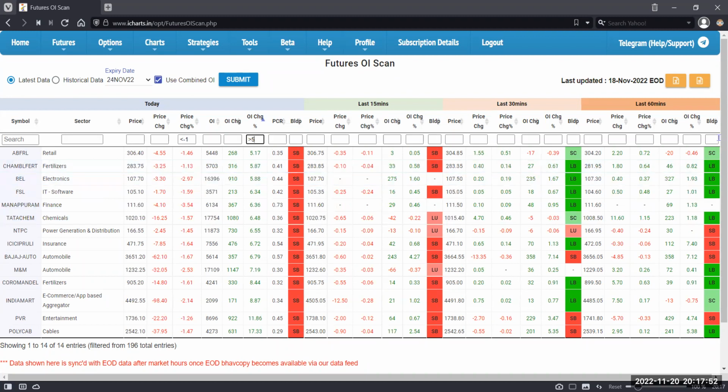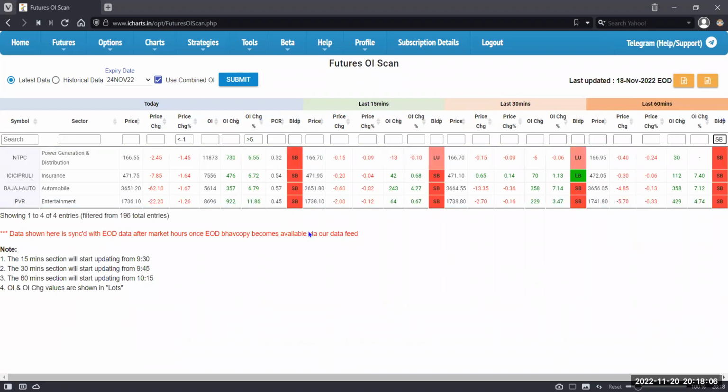And later, once this last 60 minutes is done, it would be useful if you can filter even based on this. Say maybe there is a buildup, you can select short buildup, and in the direction of whatever direction this is saying, you can filter the 60 minutes too, then the list will become really short.